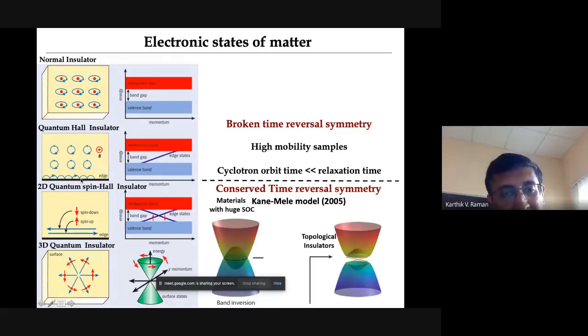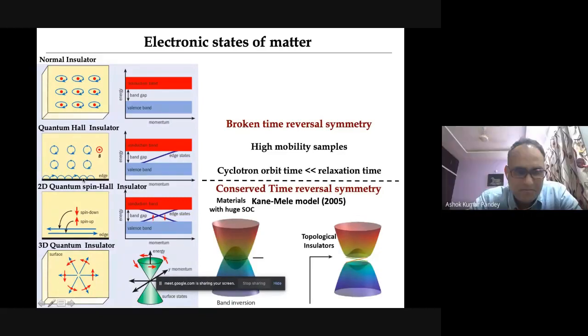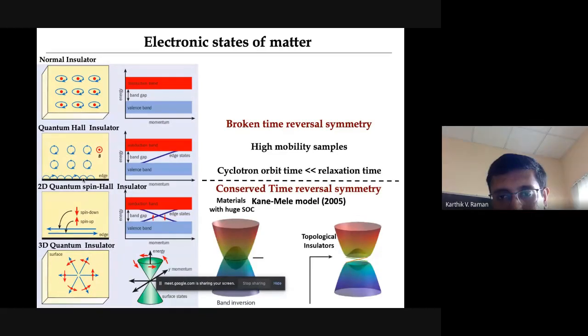So if it sees any impurities, it needs to be backscattered. An impurity will essentially scatter the electron, and there is a probability of backscattering. But it can backscatter only if there is an available state in the negative momentum path, and there is no state available for it to back propagate.